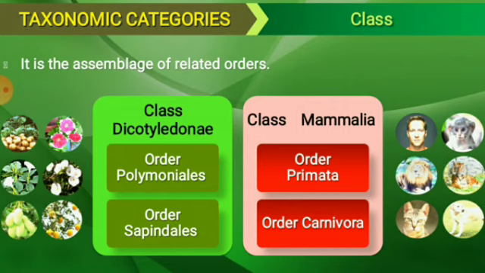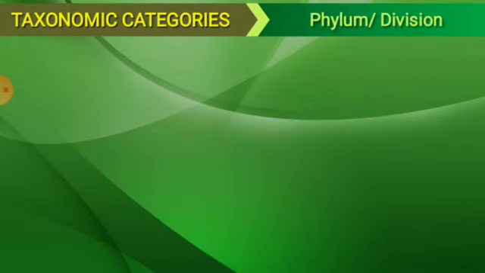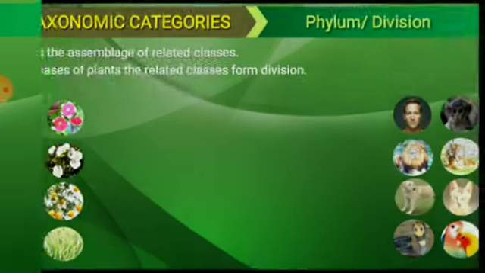In case of plants, some examples are the order Polymoniales as well as the order Sapindales. Both of them belong to the same class, that is dicotyledonous plants. The next category is known as phylum or division.